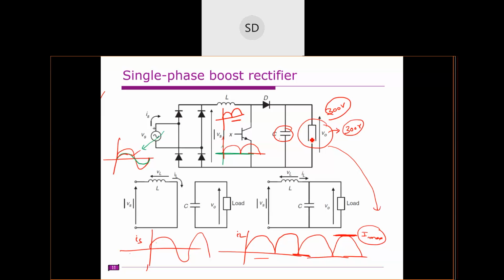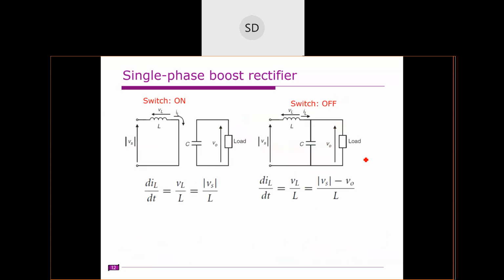If you connect a high load, the I maximum will be higher. If you connect a small load, the I maximum will be less. Whatever it may be, how much real power is flowing in the circuit decides this I maximum. Okay, keep that aside.